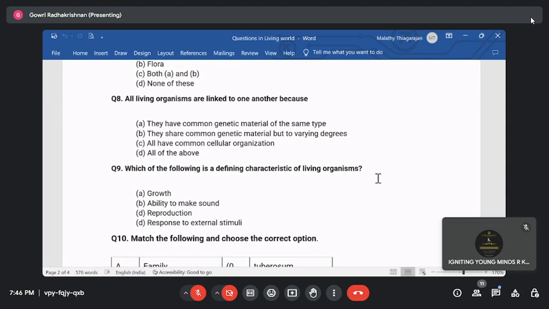Even a virus has an RNA or a DNA, isn't it? Even if it is a eukaryote or prokaryote, they have a nucleoid or nucleus which has the genetic material, isn't it? So every organism, every species has a common genetic material.